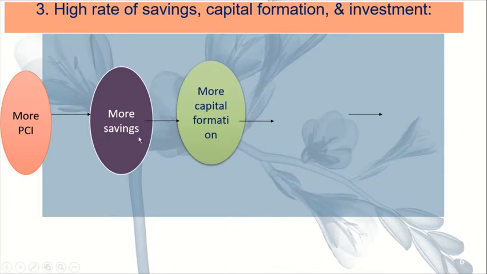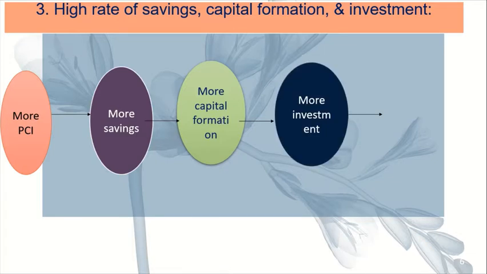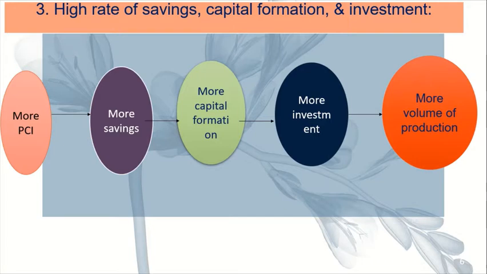That is, when we save more money, our capital will form in large amount. Then when we have more capital, that time we will invest more in production activities. So when we will invest more investment in production activities, obviously there will be more volume of production.